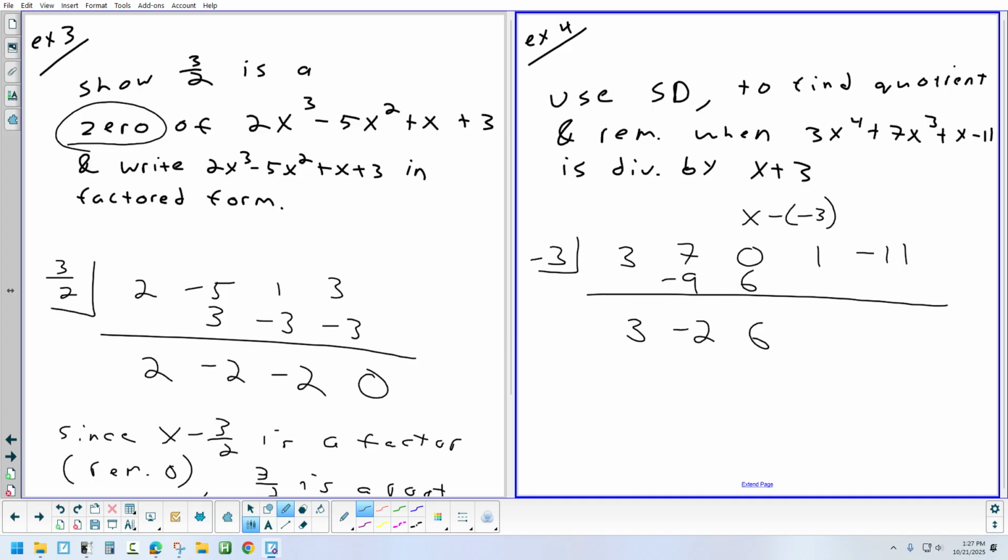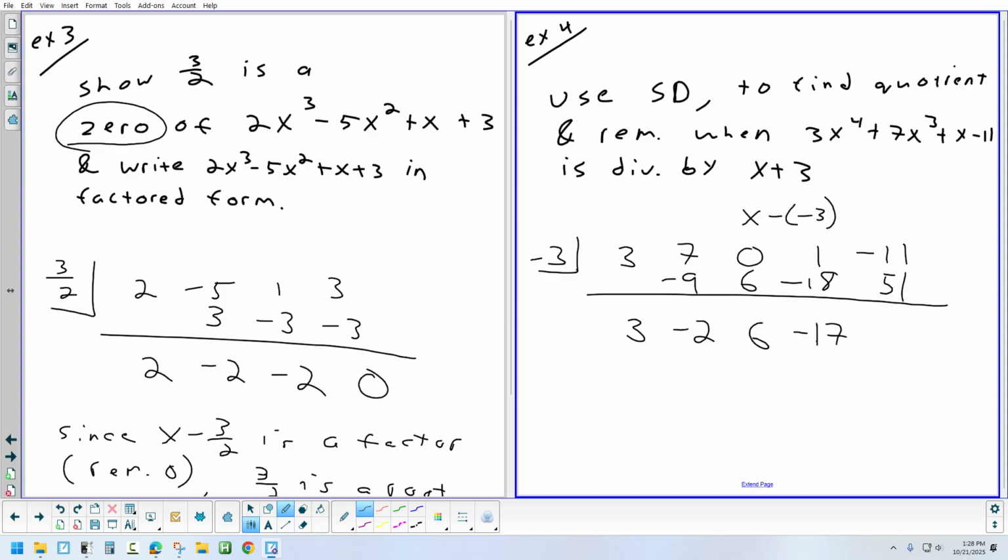Multiply negative 3 times 6. Add 1 and negative 18. And what's negative 3 times negative 17? 51. Good. Now add up that last column.